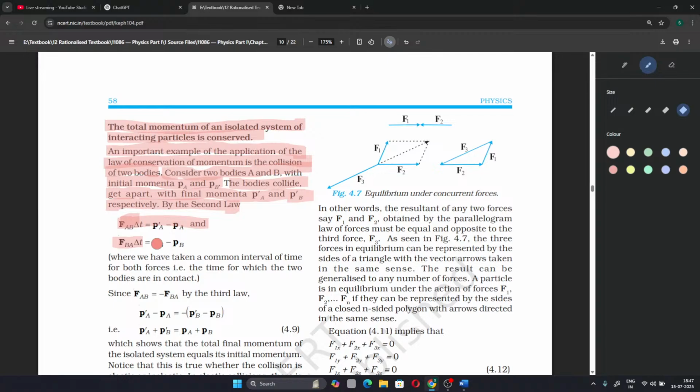Why do we take the momentum of A and the momentum of B separately when calculating the force experienced by A? Because when we calculate the force on a single body, we consider the change in momentum of that particular body only. So why do we take individual momenta, PA and PA', and not PA minus PB? Because if we included PB, it would not be the change in momentum of that body.